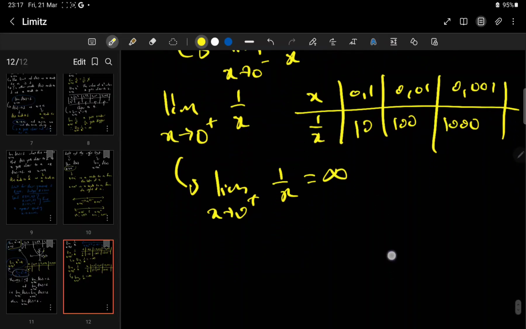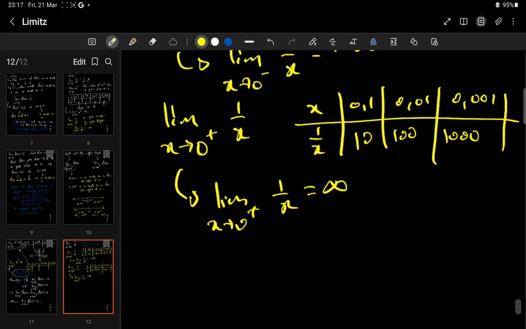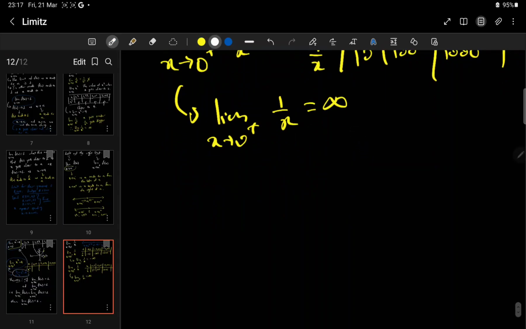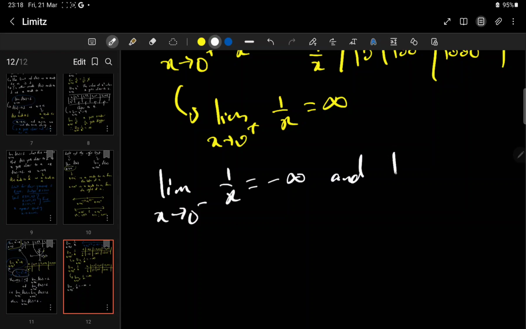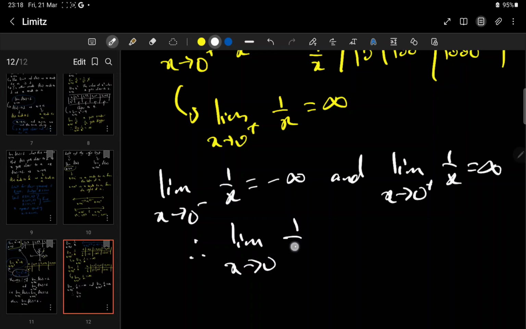So what it means here is that we have two results: the limit as x tends to 0 from the left of 1 over x is minus infinity, and the limit as x tends to 0 from the right of 1 over x is infinity. So the left limit is not equal to the right limit. Therefore, the limit as x tends to 0 of 1 over x doesn't exist.